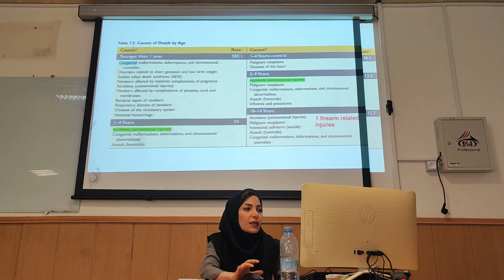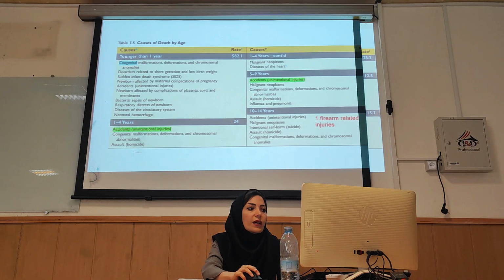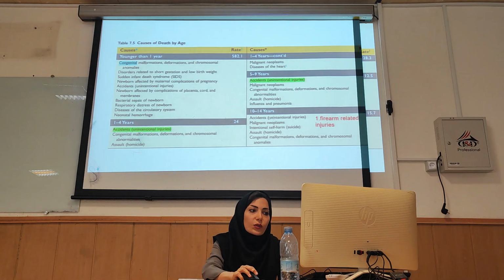This table lists some causes of death by age separately: from birth to the first year of life, from 1 year to 4 years old, 5 to 9 years old, and 10 to 14 years old.